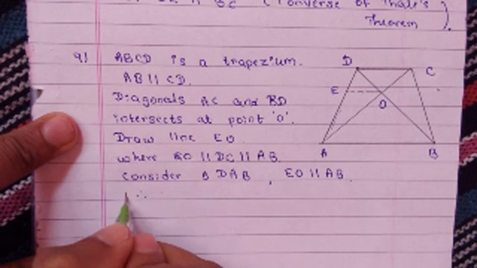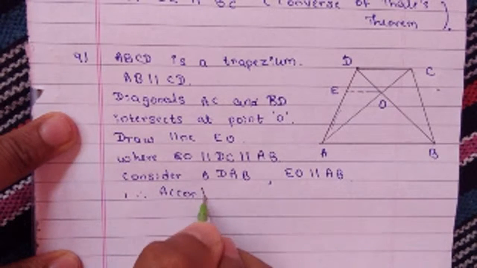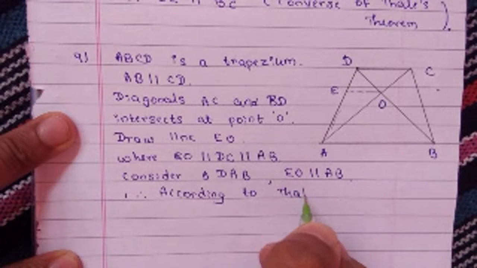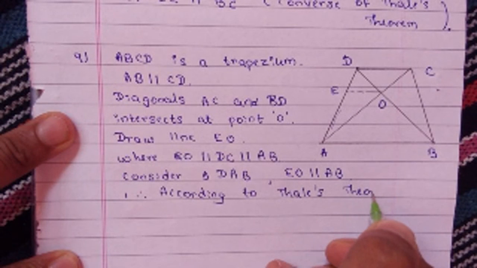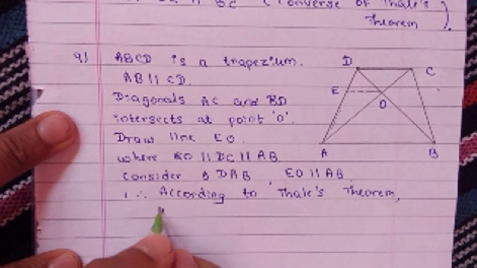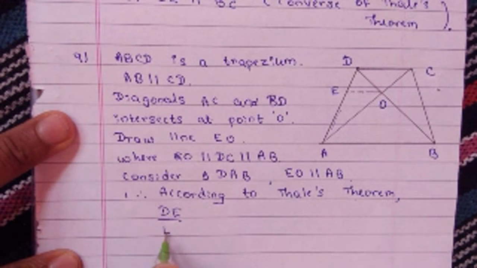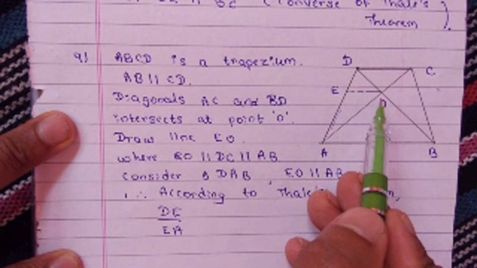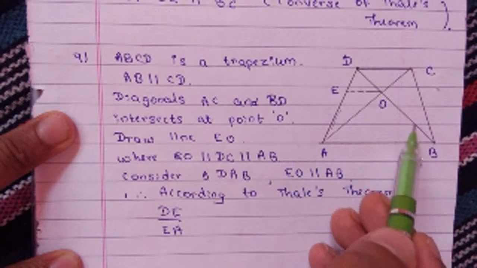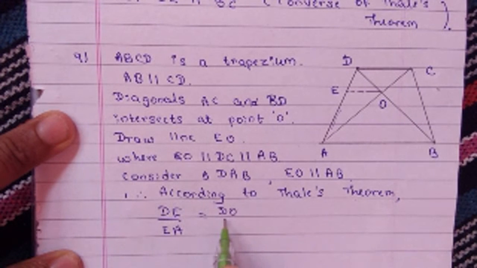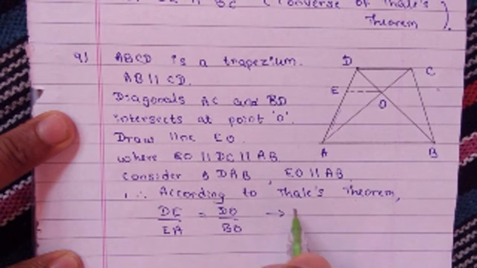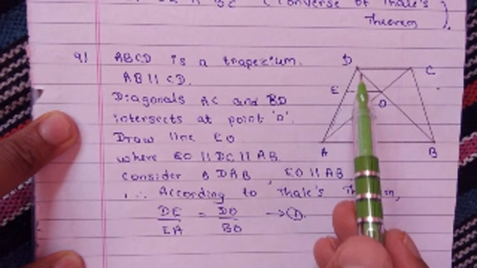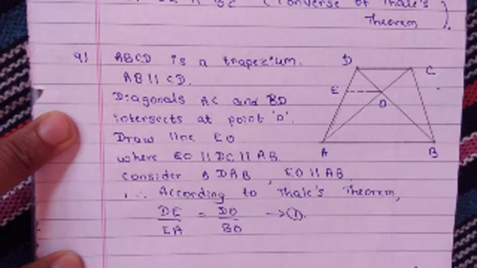Therefore, according to Thales theorem, DE divided by EA is equal to DO divided by BO. I will call this equation number 1.